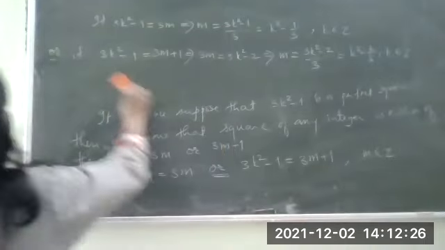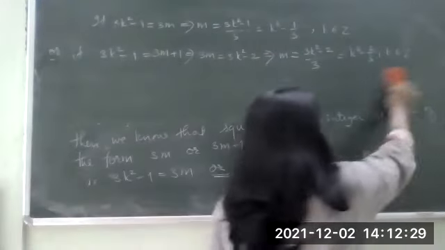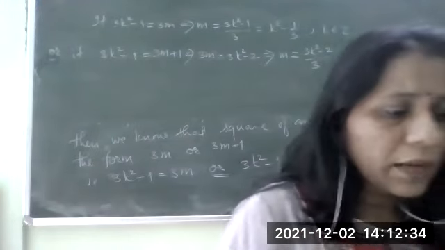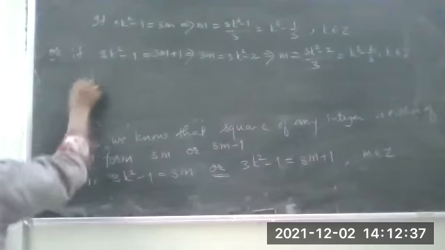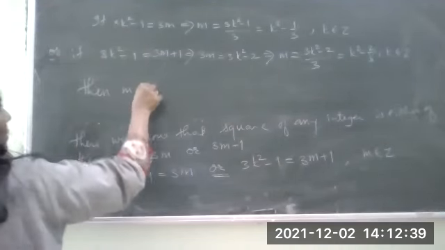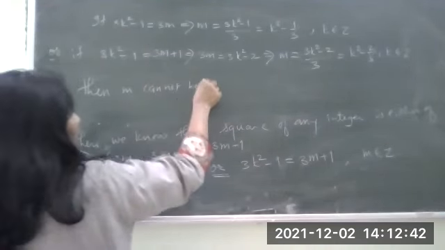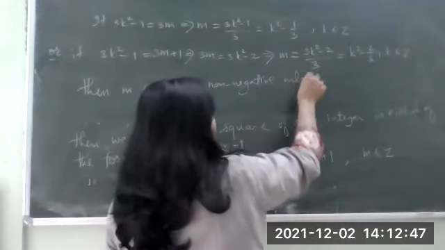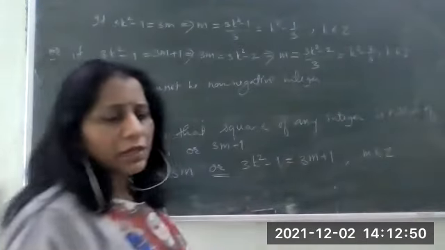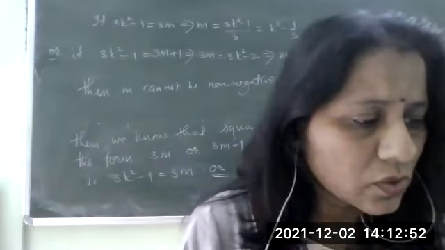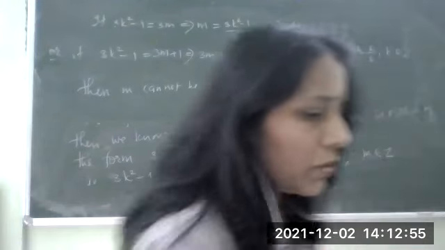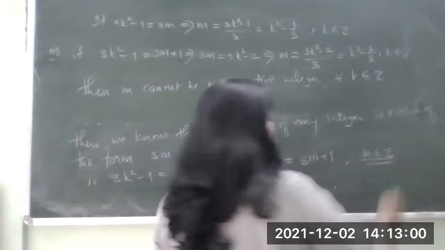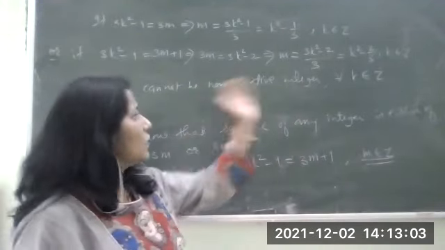So in both the cases we are not getting m as a non-negative integer. Then m cannot be a non-negative integer, for all k belongs to Z, which is a contradiction, because m is an integer and you are getting that it cannot be an integer.